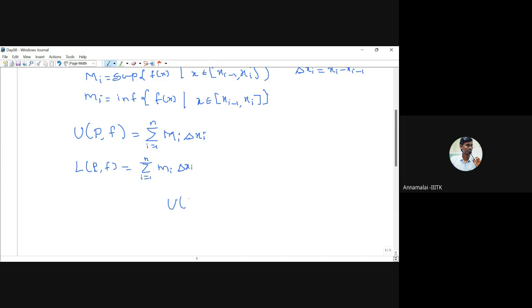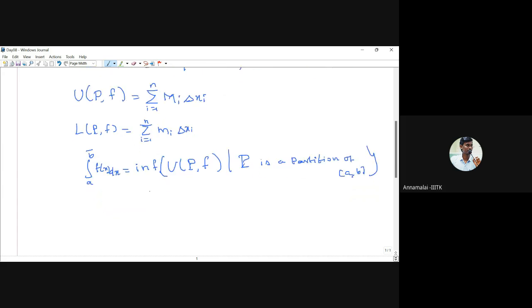Therefore we are going to take the infimum of this collection, where P is a partition. For each partition you have to find the upper sum and then take the infimum over all partitions of this closed interval [a, b]. We call this the upper integral, the integral from a to b of f of x dx with an upper bar.